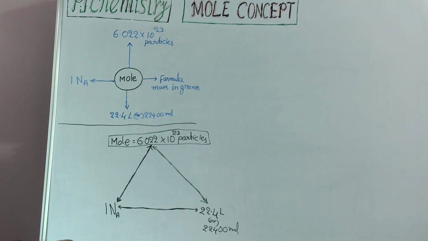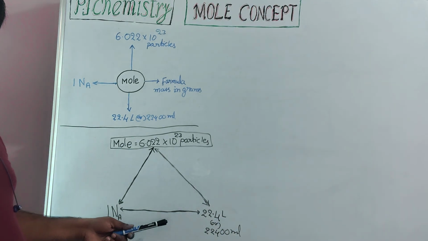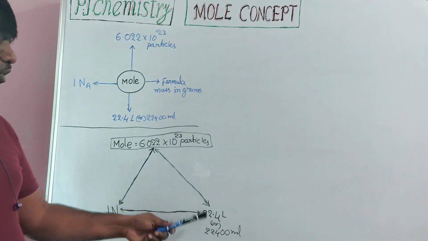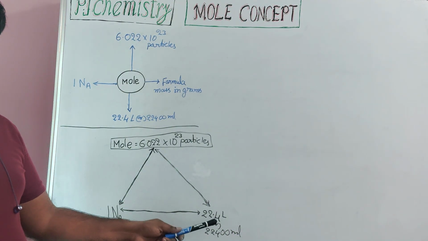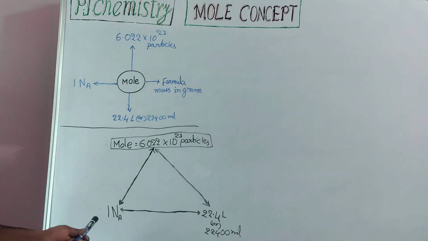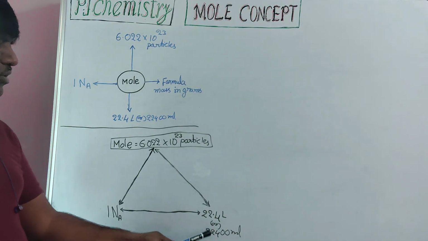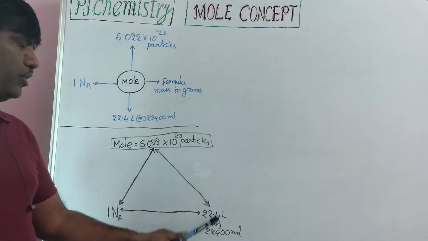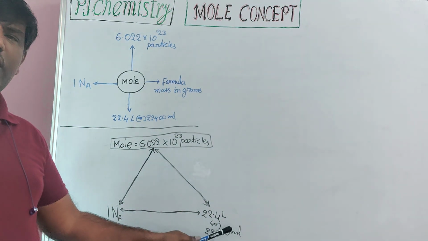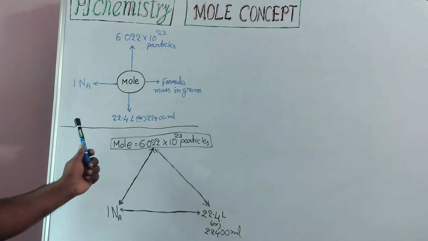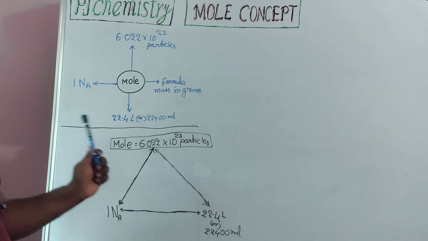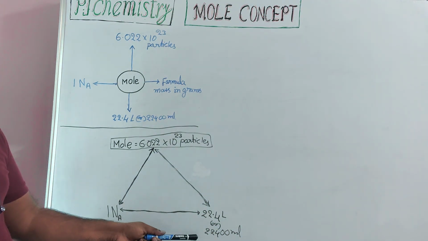Next, 22.4 liters of any gas contains how many Avogadro numbers? One Avogadro number. One Avogadro number of any gas occupies how many milliliters? 22,400 milliliters. 22,400 milliliters of any gas contains how many moles? 1 mole. 1 mole of any gas occupies how many milliliters? 22,400 milliliters.